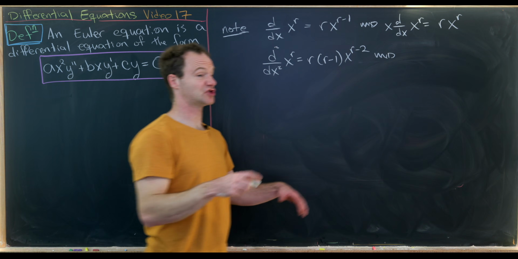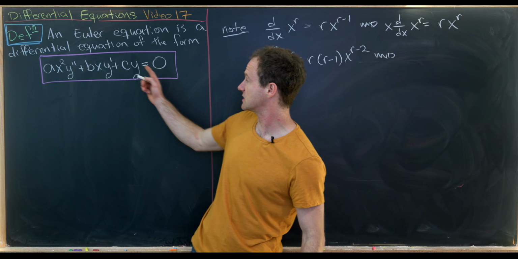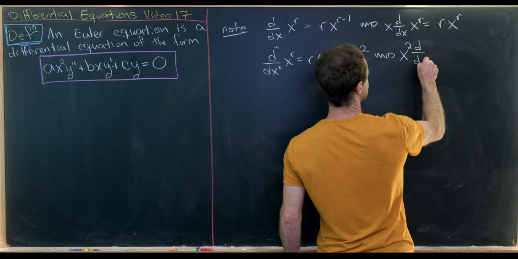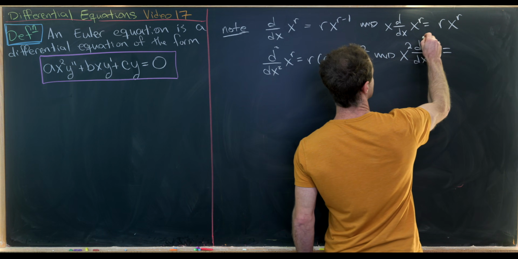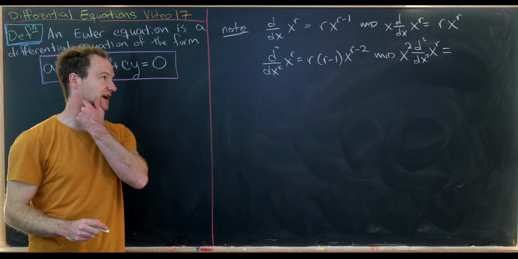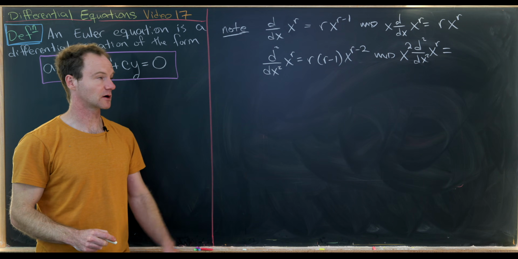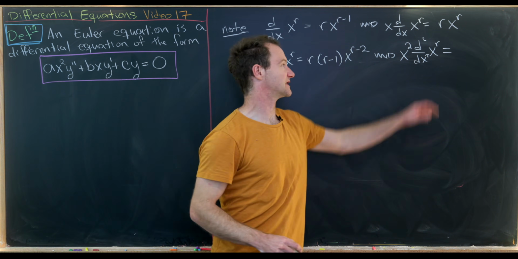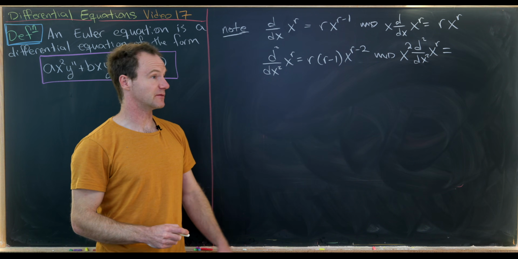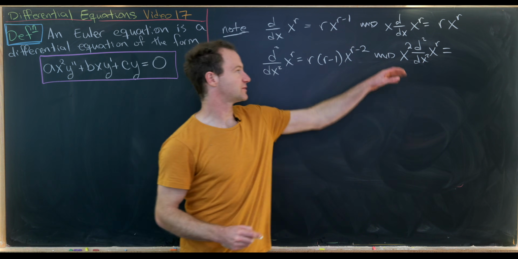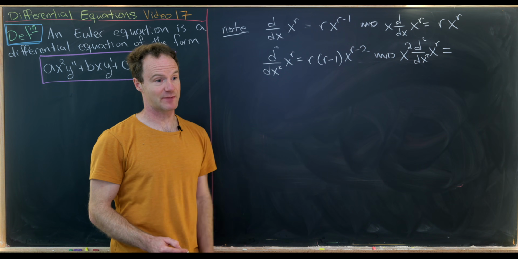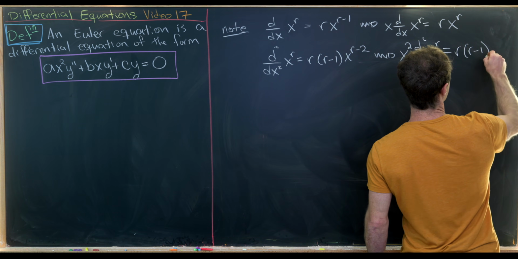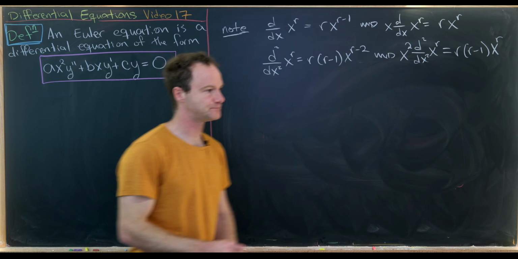But if we change this operator a little bit to put it in terms of what we have over here and replace this with x squared times the second derivative acting on x to the r, just like above, we'll end up with something with the same degree. That's because the second derivative will decrease the degree by 2, and then multiplying by x squared will increase that back to have the same degree. So here we'll have r times r minus 1 times x to the r.